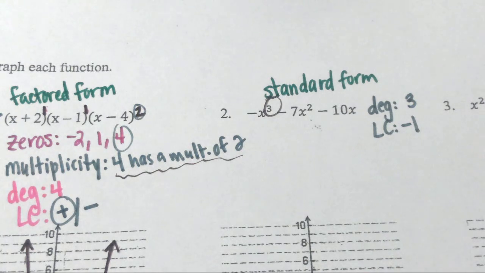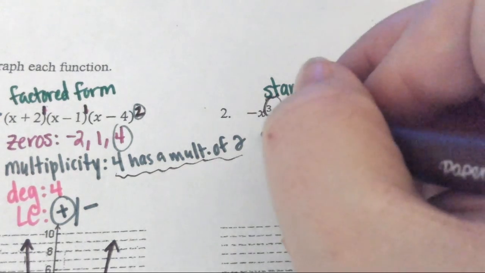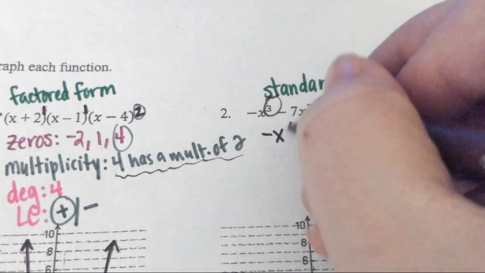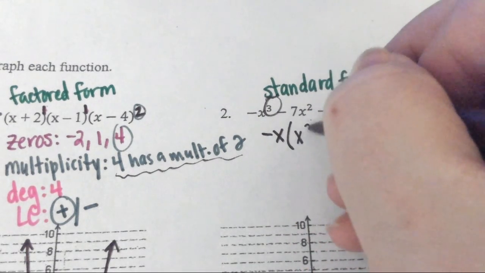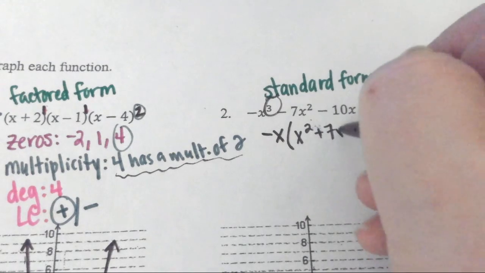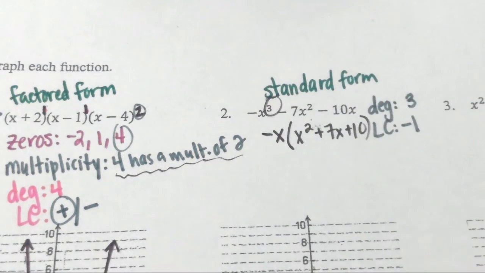Okay, so sadly enough, we can do degree and leading coefficient, but we can't actually list the zeros until we factor. Is there something we could pull out to help us factor? More specific. Let's pull out a negative x, and you can have the point. Then we'd be left with x squared plus 7x plus 10.